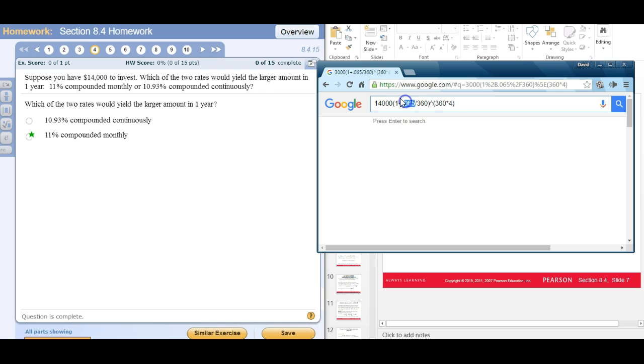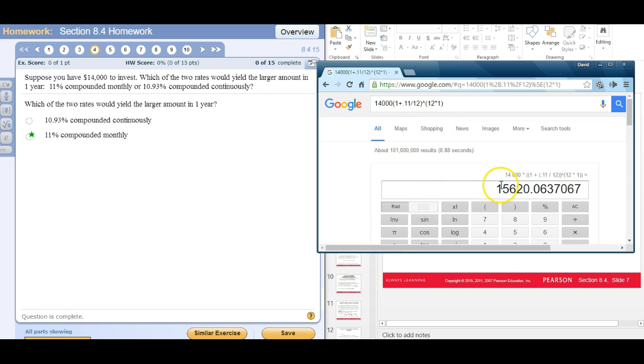So 0.11 compounded monthly, so that's a 12, 12, and 1 year, so T is 1. Alright, so there is 15,620. Alright, that's the 11% compounded monthly.